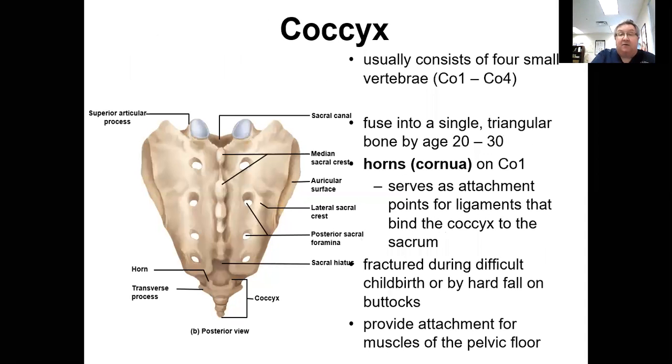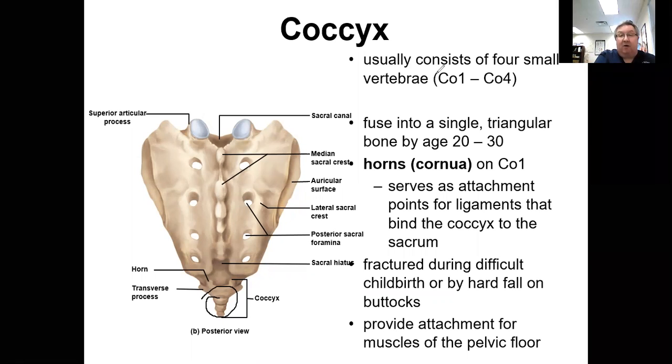The coccyx are the small vertebra at the bottom of the sacrum. These are these bones right here. What I would do is make an arrow pointing to those little small bones, and I would want you to give me the name of them, and it is coccyx.